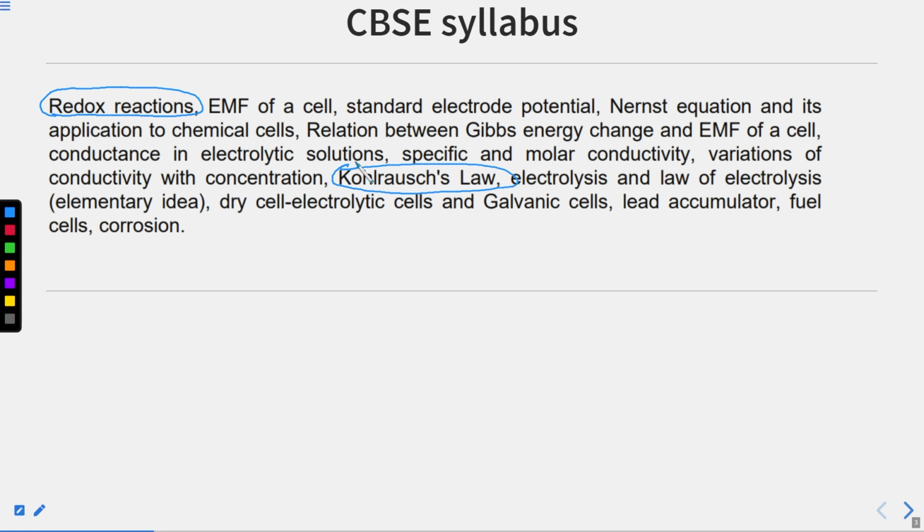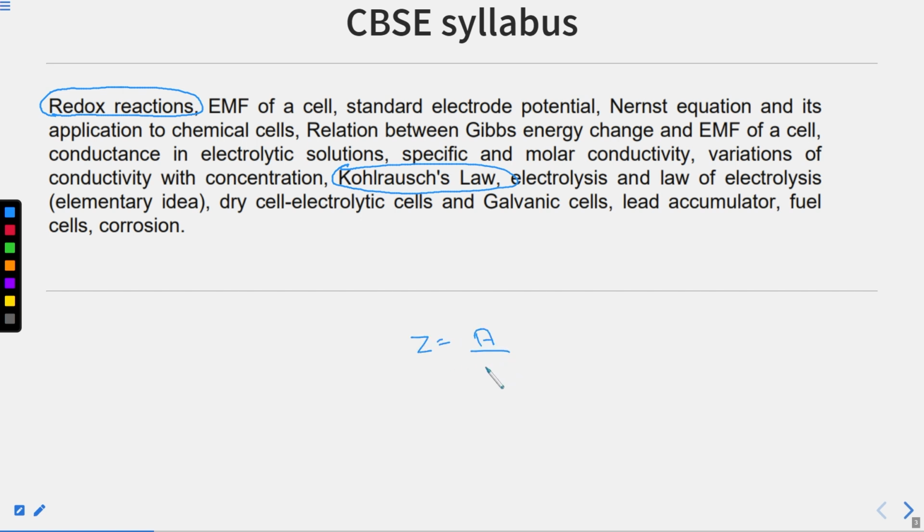Now, talking about Z, Z was equal to the atomic weight of that metal whose mass we are calculating, that is deposited on the cathode, divided by the valency of that metal in its cationic form, multiplied by F.